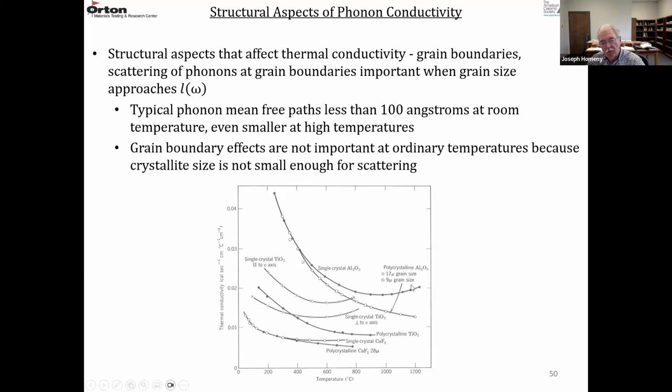There's only a difference because of radiation effects taking place. So if this were not transparent, these curves would be the same, single crystal versus polycrystal. And there's an example here for TiO2 and calcium fluoride. So grain boundary scattering is not important.